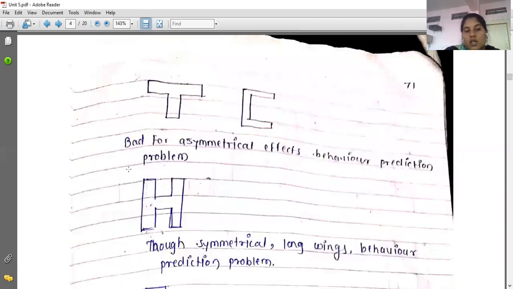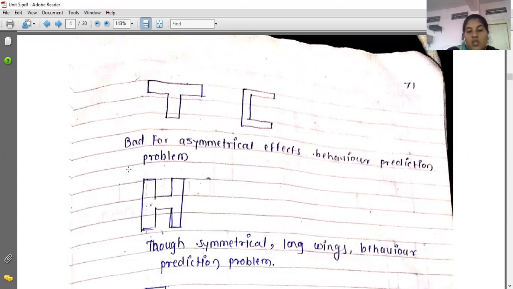Now you can see the bad, unsymmetrical effect and behavior prediction problem. You can see the T type section of the buildings. That is also not in an equilibrium position, and when earthquake loads come, there will be a failure of the building. C section type buildings are also shown, and they are also not good for resisting earthquake forces.